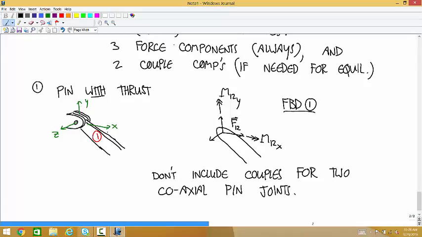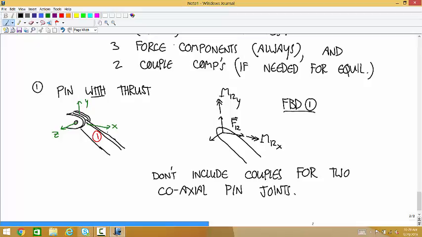That won't work by itself, but if you have two of them, and one of them has thrust, then you have two force components for one of the pins, three force components for the other pin, and then something else, maybe a cable or something, to put it in static equilibrium. But think about what would happen mathematically if you had two of these coaxial pin joints and you included all those couples.